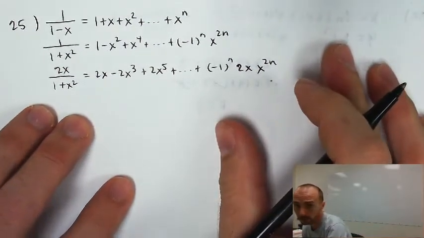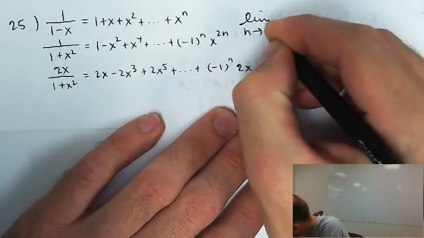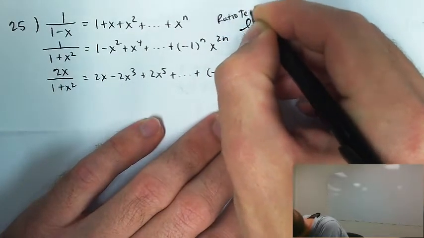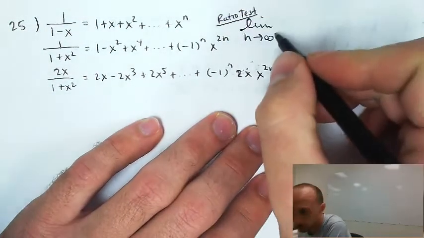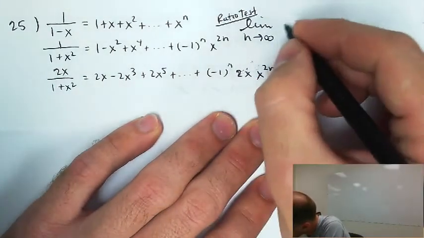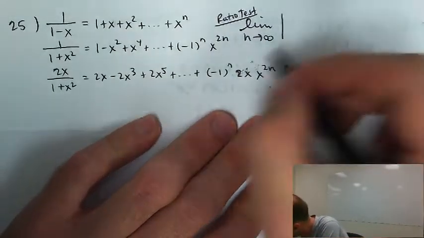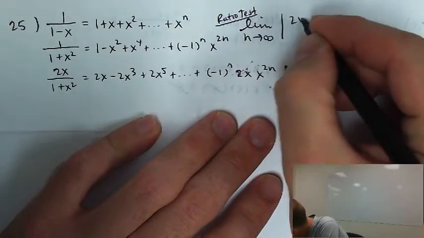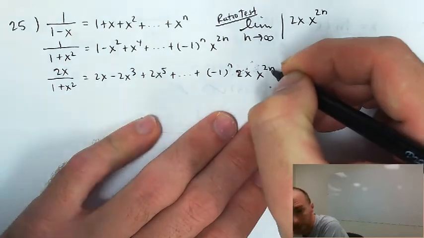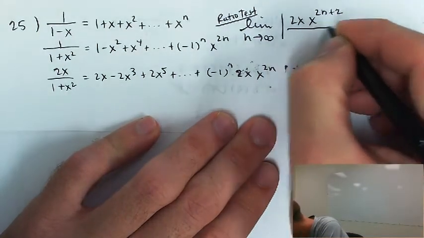And if we wanted to do the ratio test to determine the radius of convergence, I would be considering the limit as n goes to infinity of this n plus first term, but I'm going to take the absolute value of it, and this is multiple choice, so nobody's looking at my work, so I'm just not going to deal with the negative 1 to the n. 2x, that doesn't depend on n, x to the 2n plus, well, if I replaced n with n plus 1, I'd double the 1 also, so I'd have 2n plus 2.